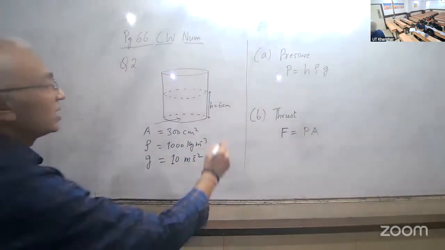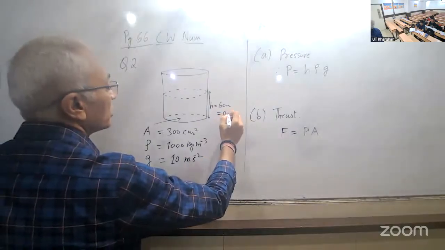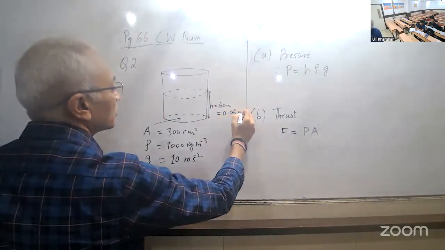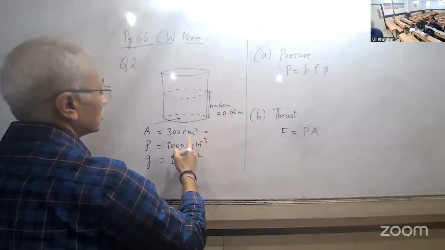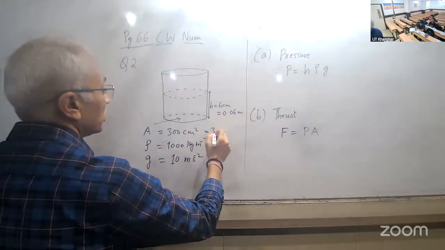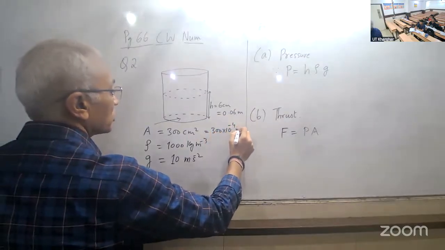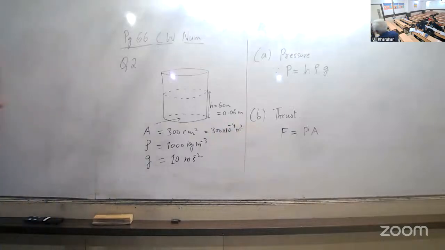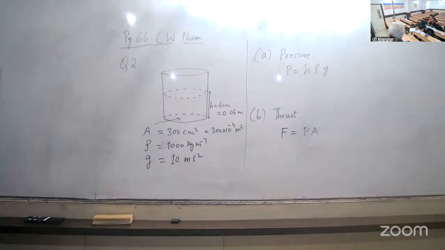Basically, h first has to be converted into meters. And the area will be 300 into 10 raised to minus 4 meters square. Substitute the values and find the answer.